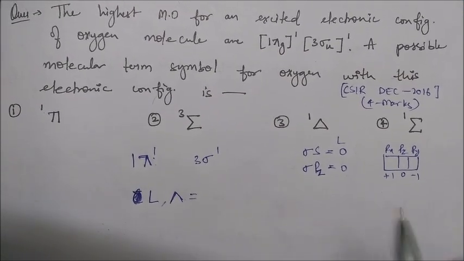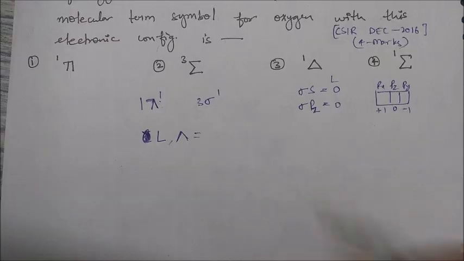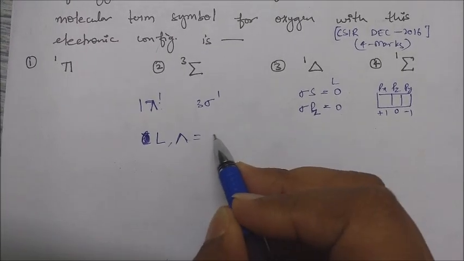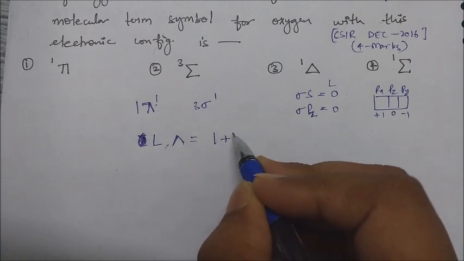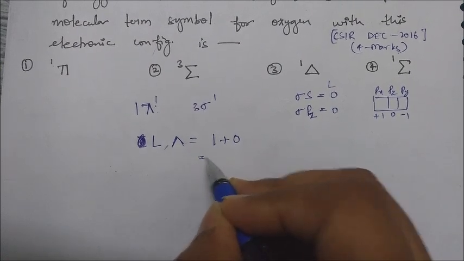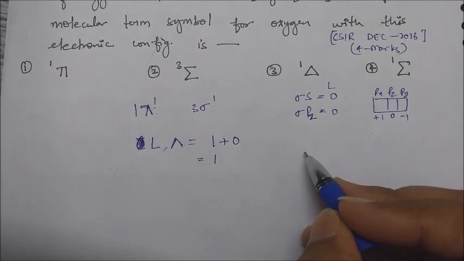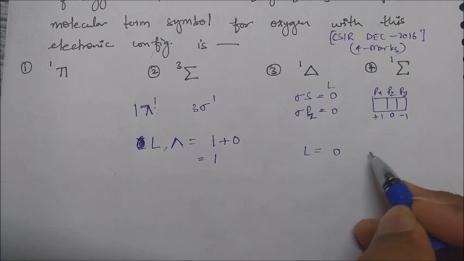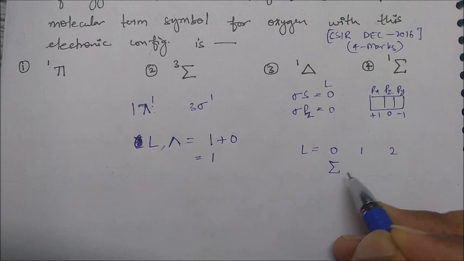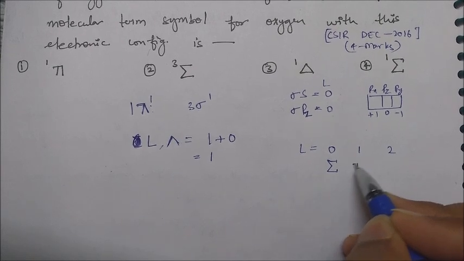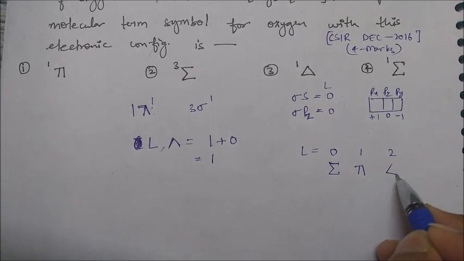So we will write it like this. For pi we have value 1, and for sigma we have value 0. So overall we get 1. I have already told you that for L value 0 we denote it as sigma, for 1 we denote it as pi, for 2 we denote it as delta.